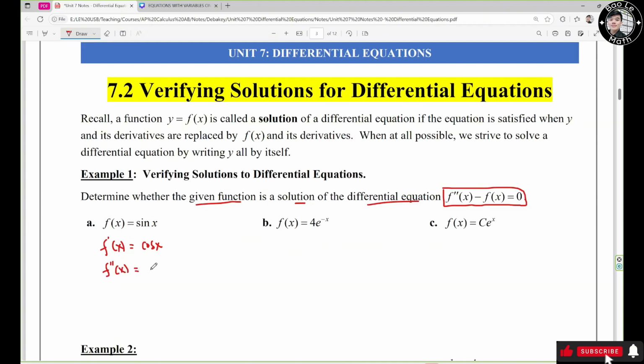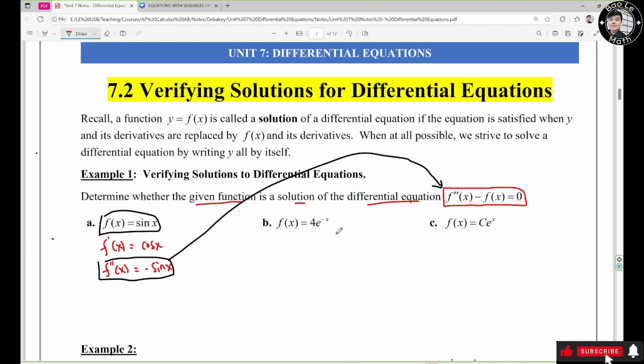It turns out to be negative sine of s, right? Now, we're going to substitute this and this into the equation right here. f double prime of s equals negative sine s, minus f of s equals sine s right here, right?